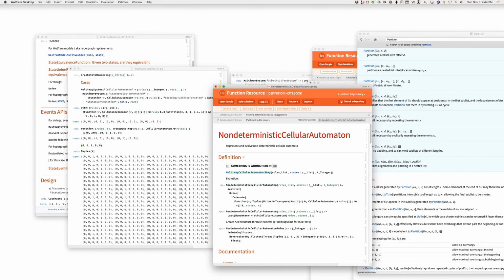Okay, so take a single step there. Let's say rules and state, just a single state.